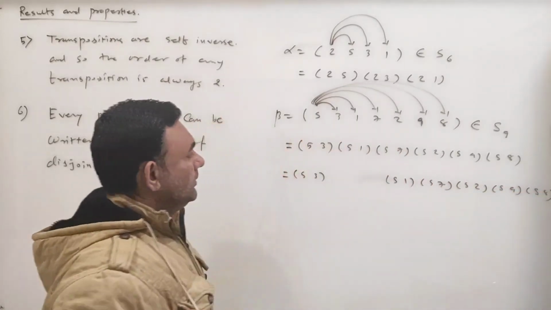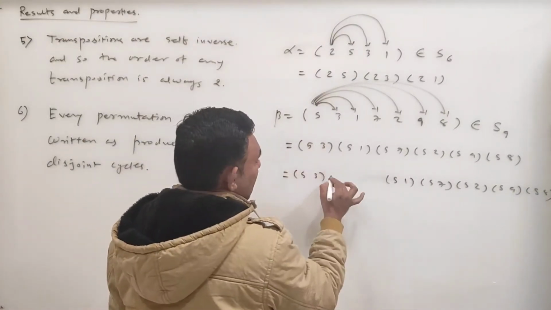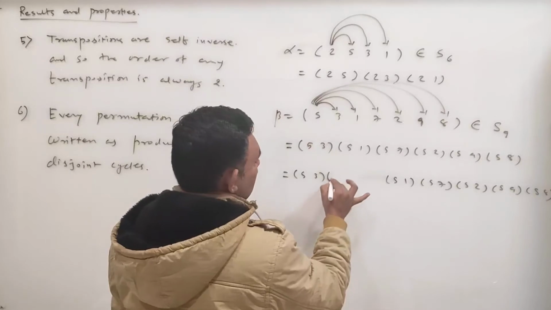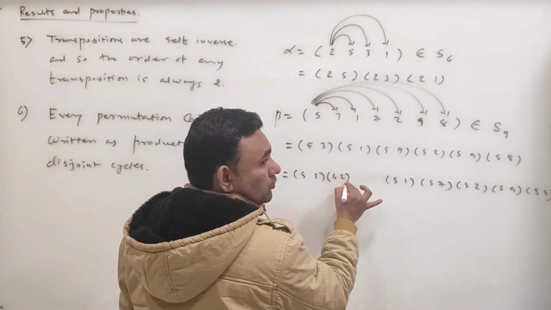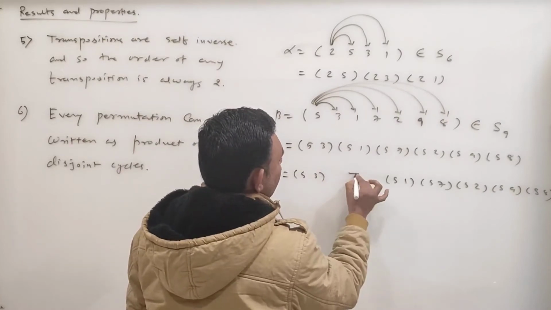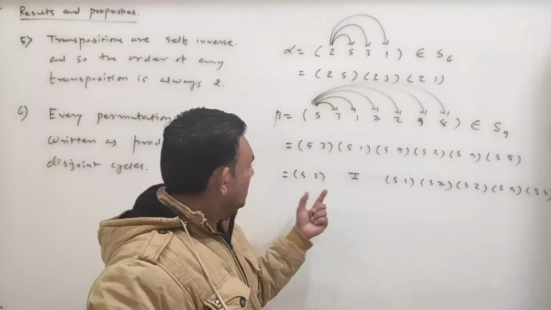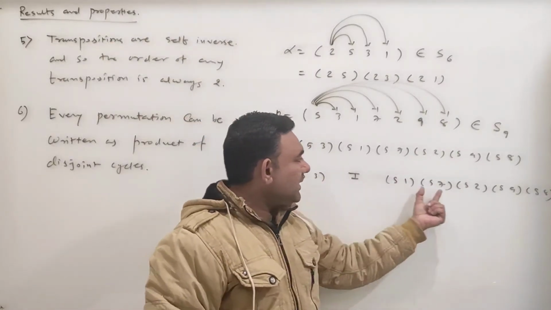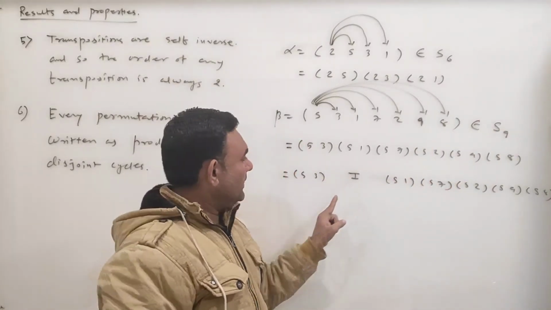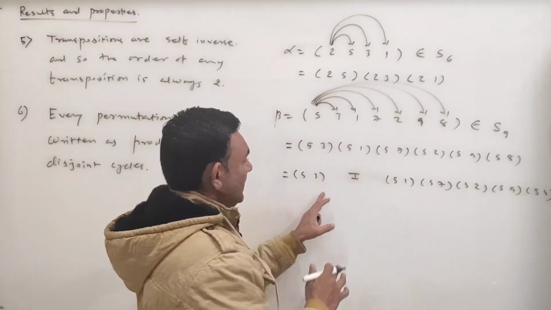Correct? Between (5 3) and (5 1) I am writing, let me write here, the identity element of S9. All these are elements of S9, and here the identity. So this product into identity will be the same one, so I can write in this way.